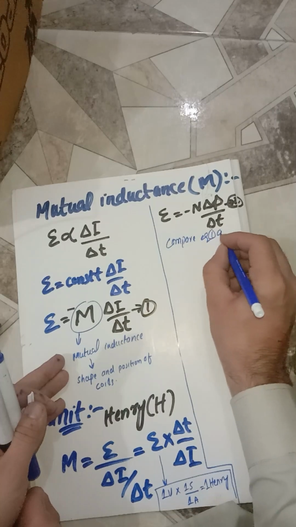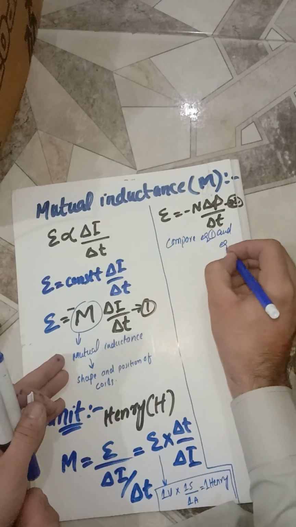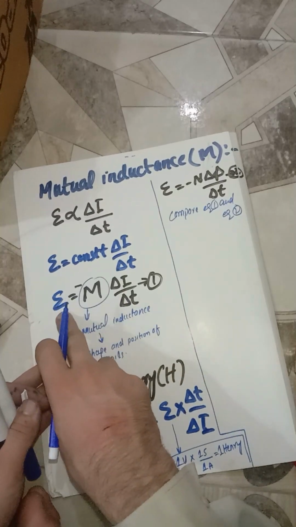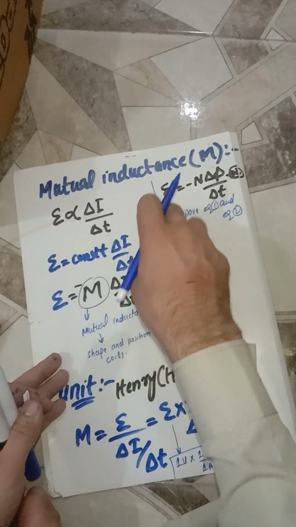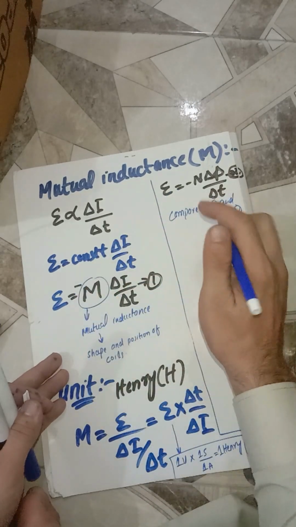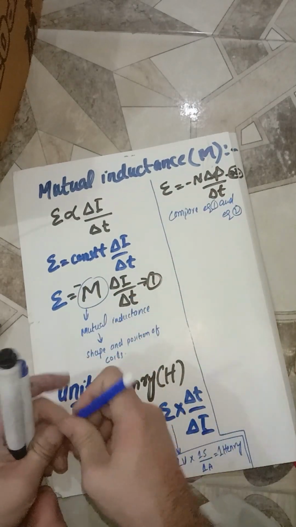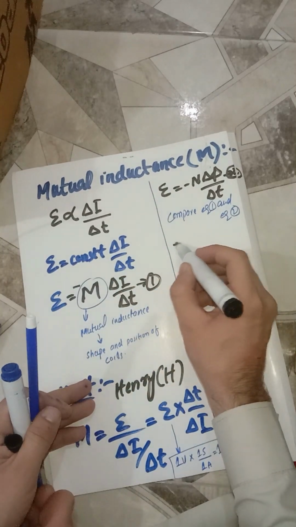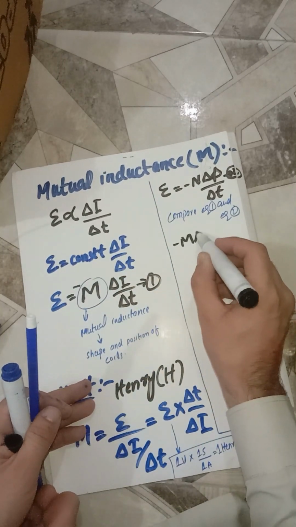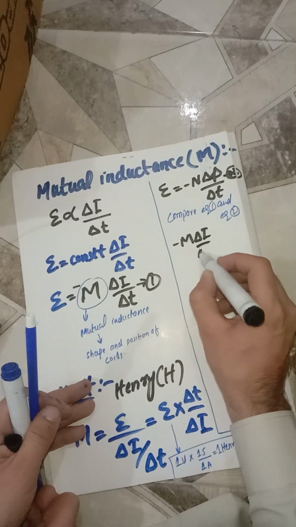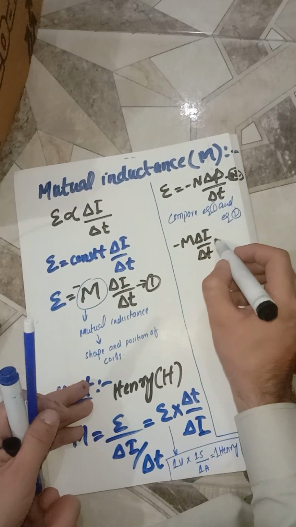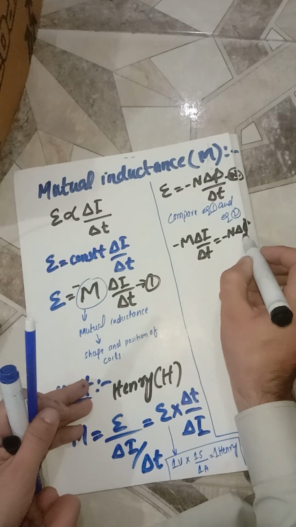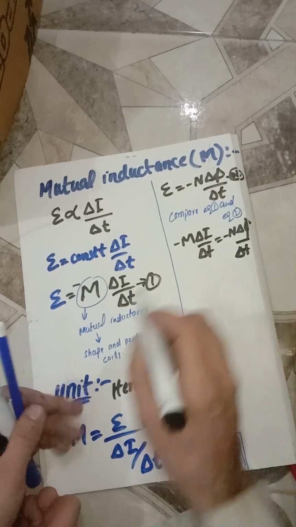The left side of equation 1 is equal to the left side of equation 2, so therefore the right sides will be equal. The right side of equation 1 is minus M del I by del t, and the right side of equation 2 is minus n del phi by del t.